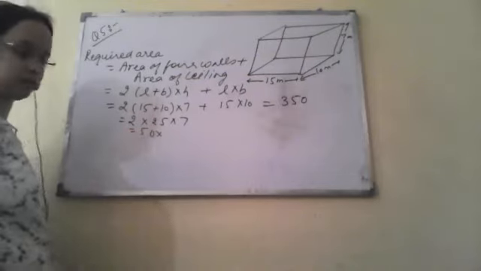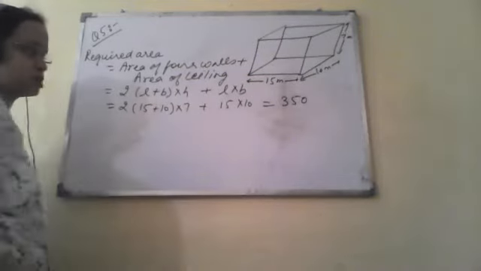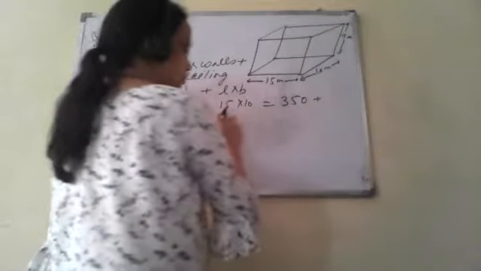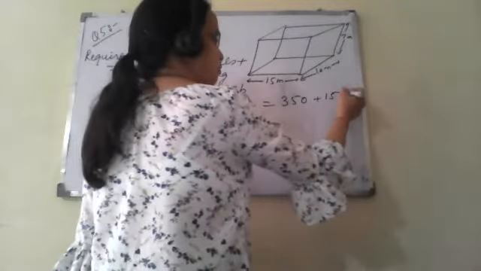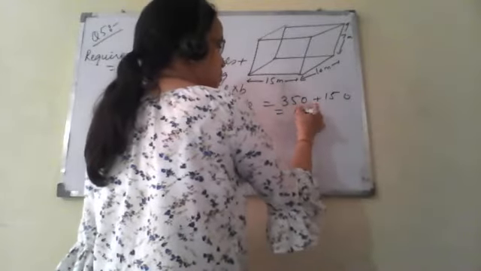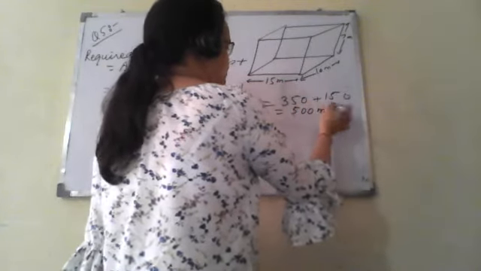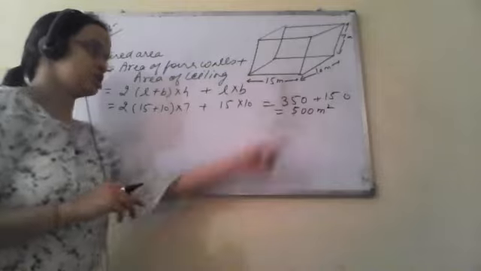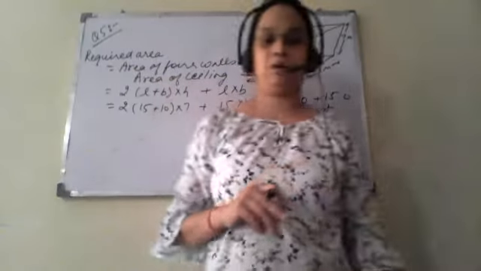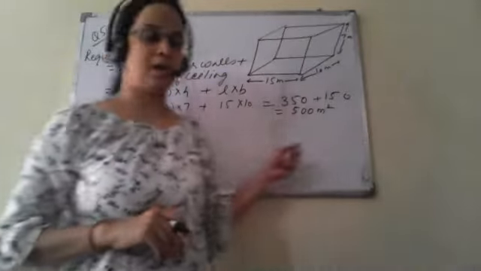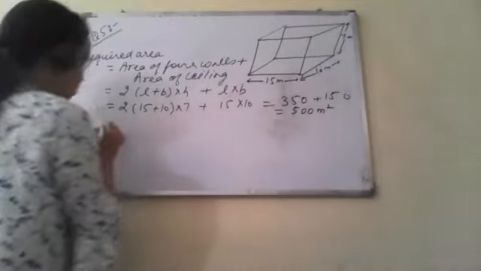So this way we have got 350 plus 15 into 10, that is 150, and the total value is coming 500 meter square. So this much total area has to be painted.